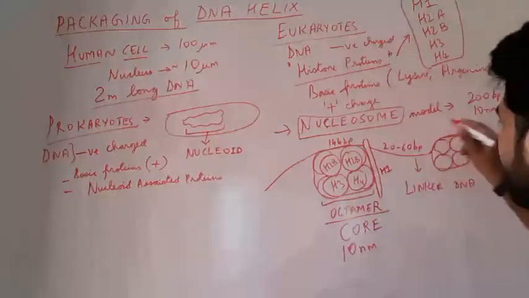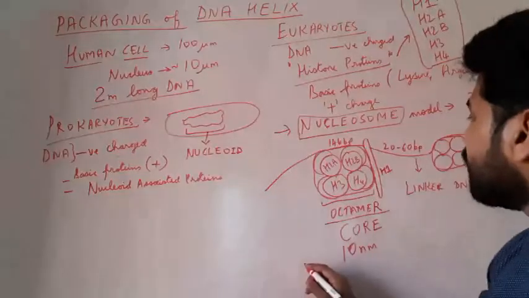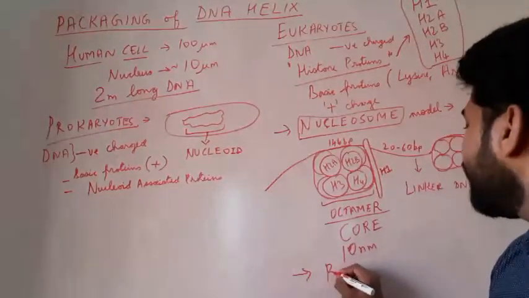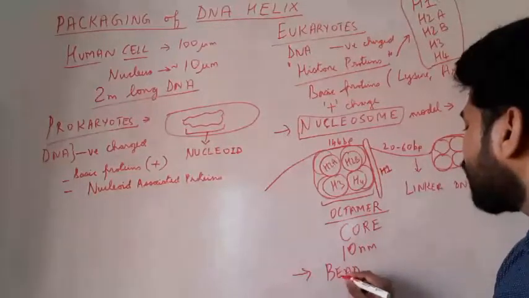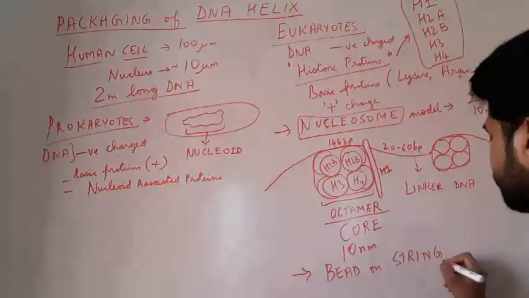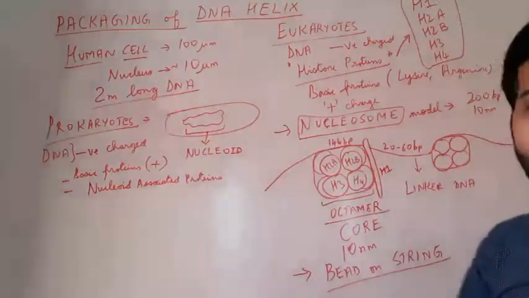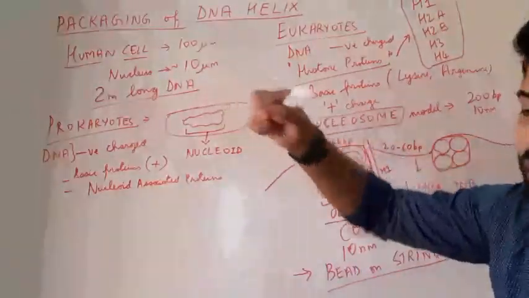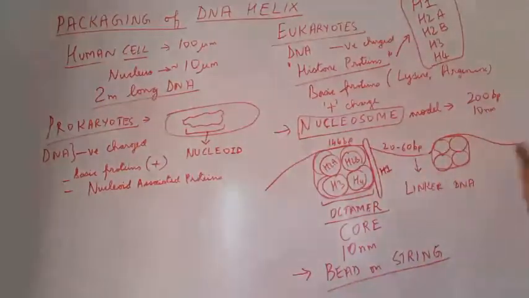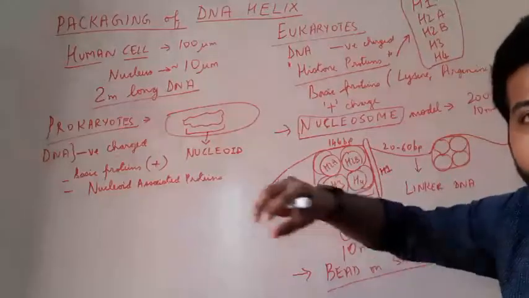So this will give the DNA what is called a bead on string appearance. So it looks as if there is a string on which beads are present at equal distances from each other. That is how the DNA looks.